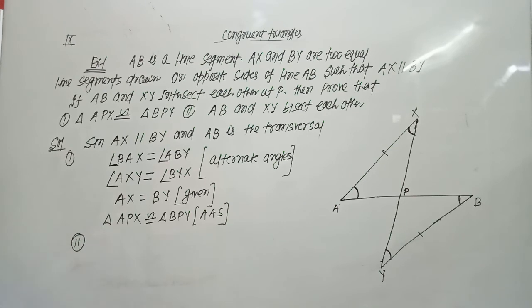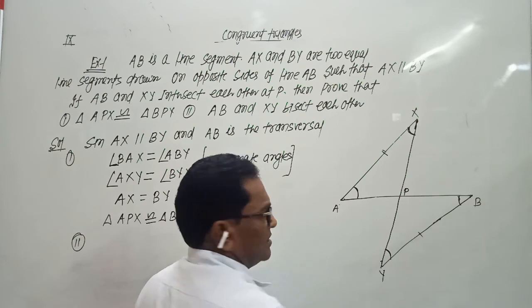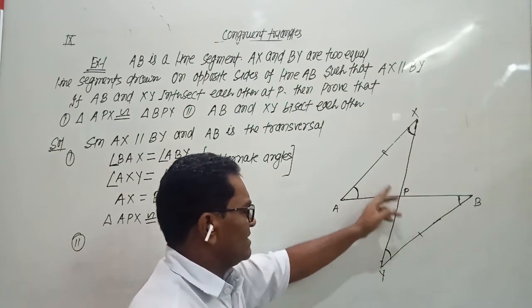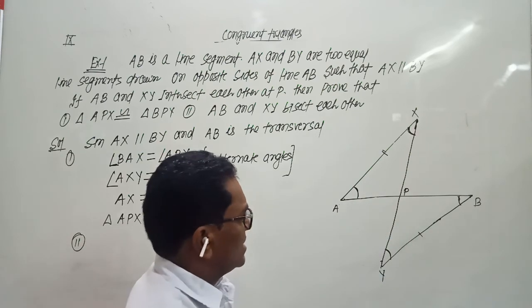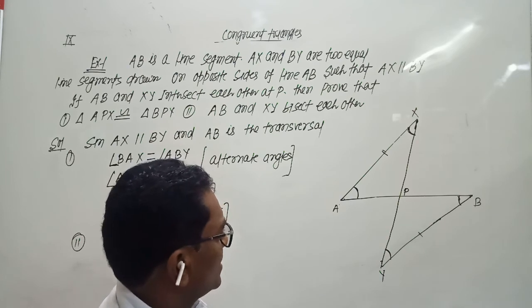And for the second part, if two triangles are congruent, then their corresponding angles and corresponding sides are also equal.